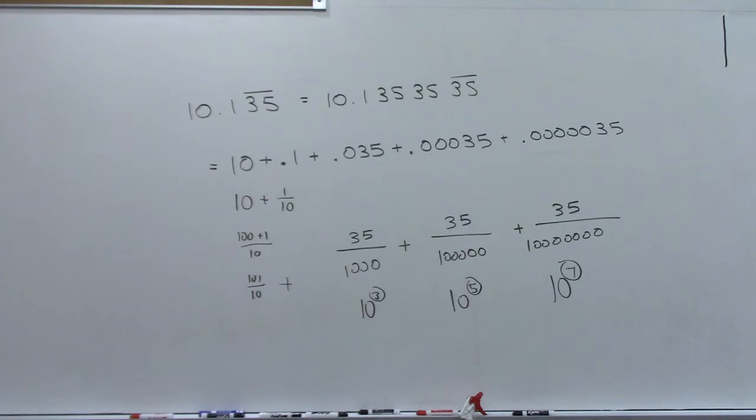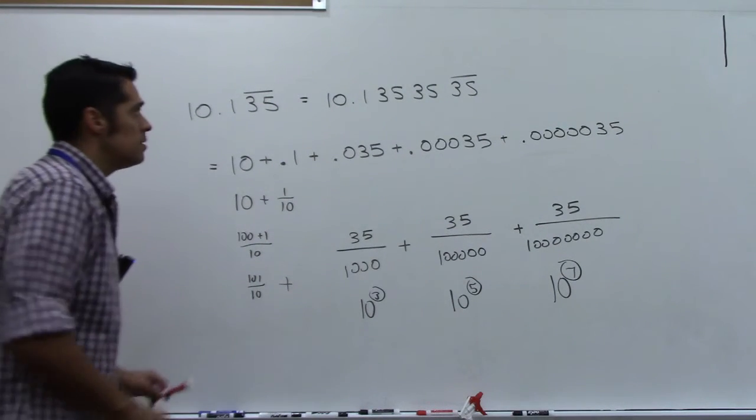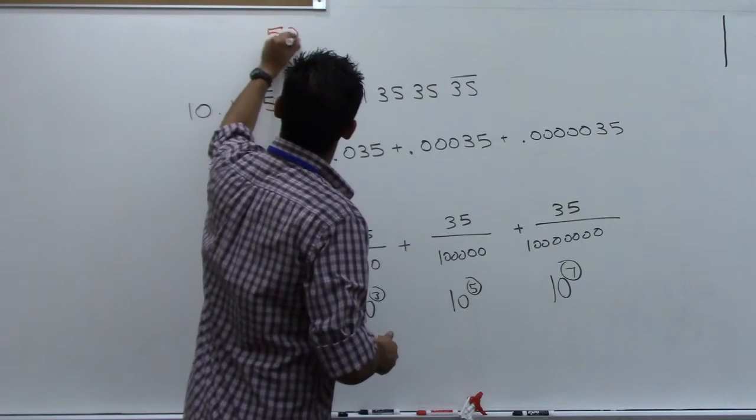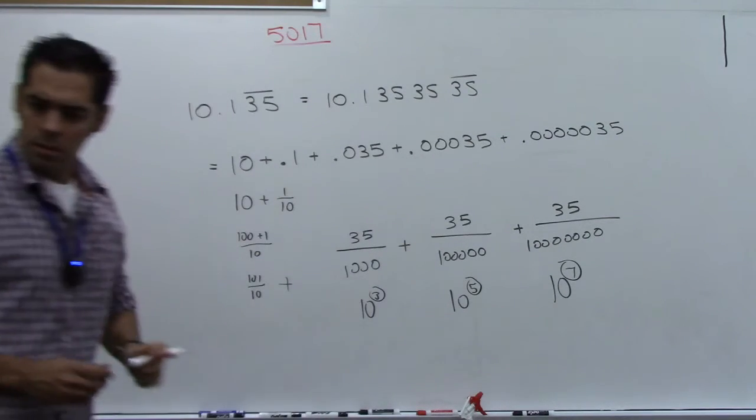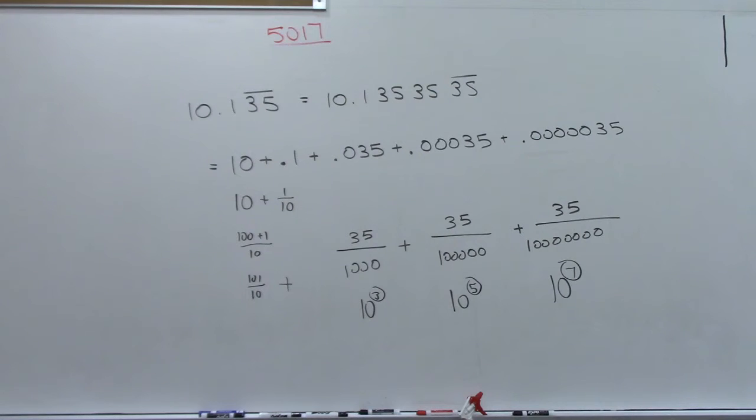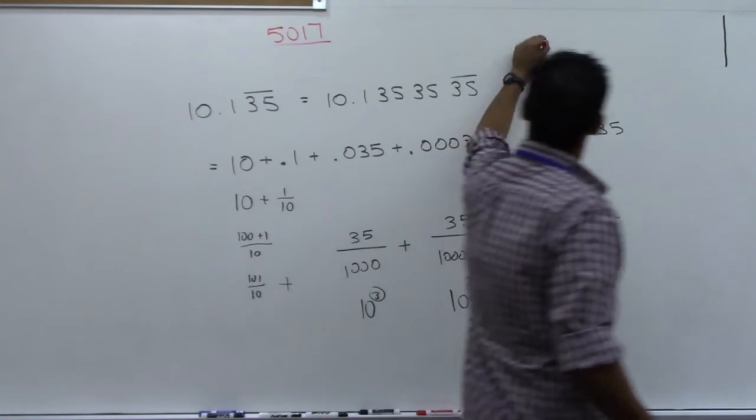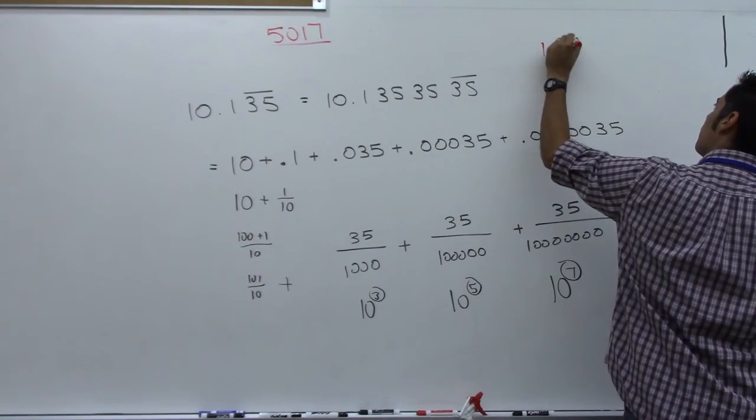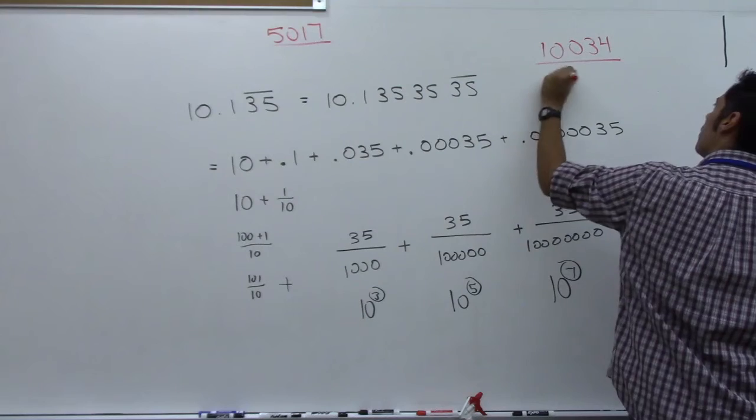I'll tell you that the answer to that one should be 5,017 over, oh, well, you know what? Let me write it the way, not reduced. 10,034 over 990.